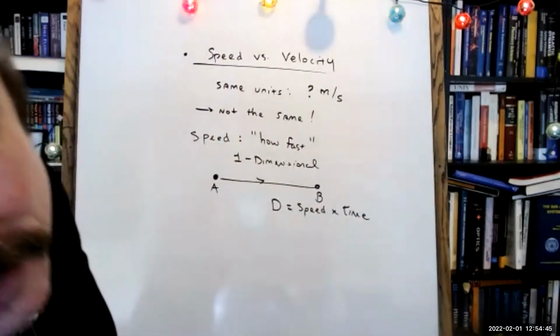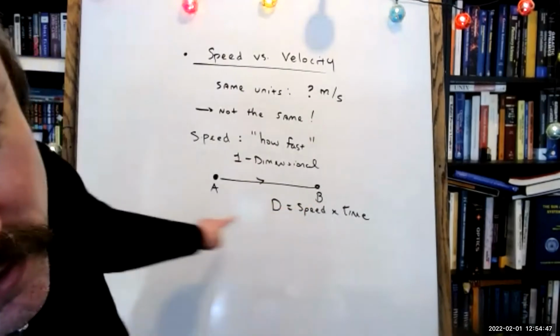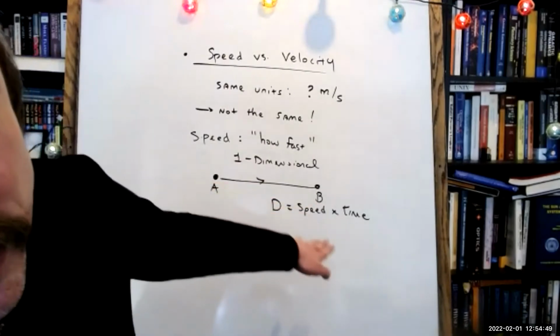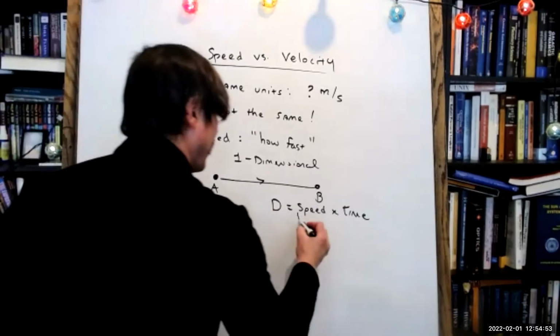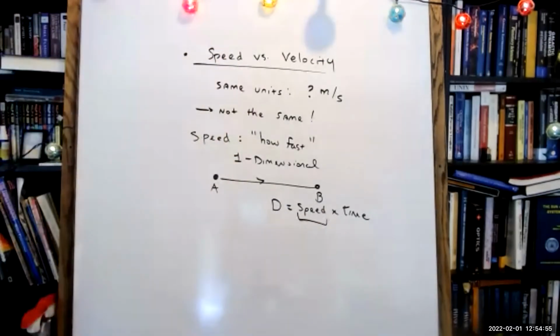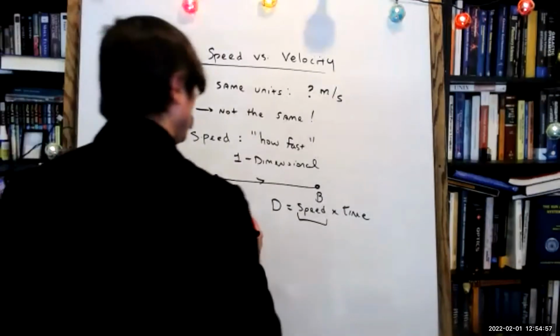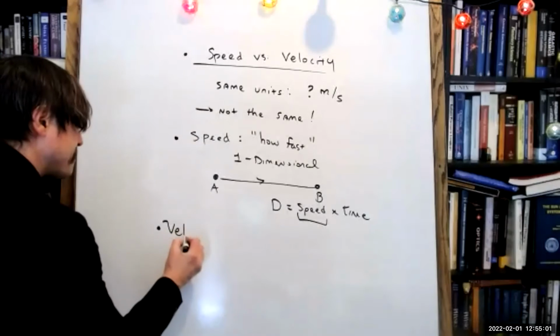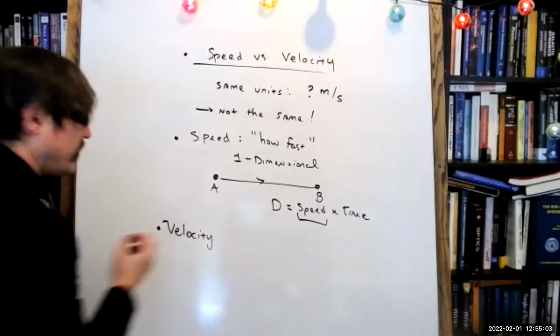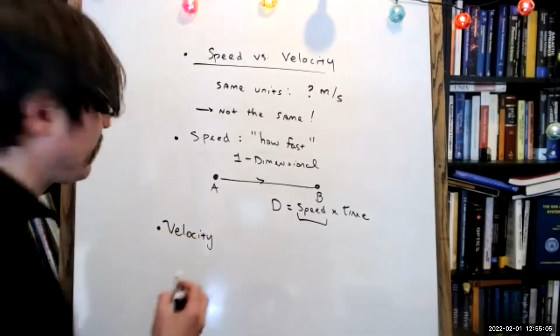That classic old-fashioned formula means you're not really thinking too much about directions, you're just asking how fast, okay? So speed versus velocity. Velocity is speed plus direction.